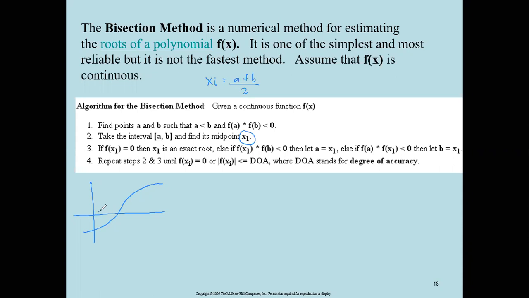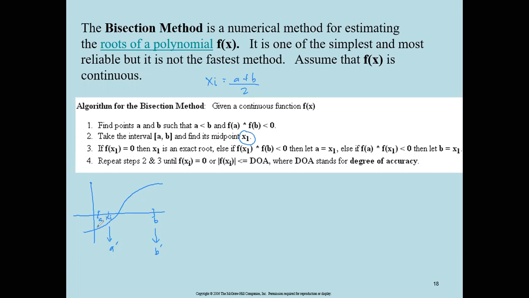We're given here the interval from A to B. Let's say this is the location of our x sub I. So for the next iteration process, we need to set this x sub I to be the new A in the next iteration, and this B to be the new B in the next iteration.